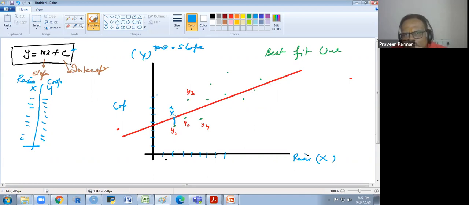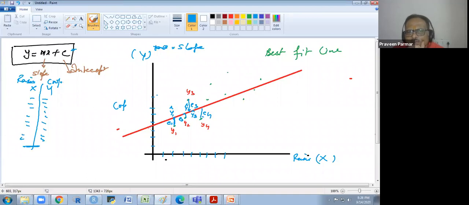This is my y1 hat, this is my y2 hat, this is my y3 hat, and in this way I get some error: E1, then E2, then E3, then E4. This error is the difference between the predicted and the actual value. It's a residual, basically. So we get all these residuals.